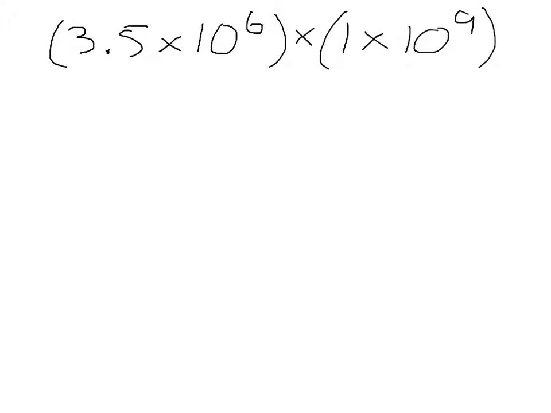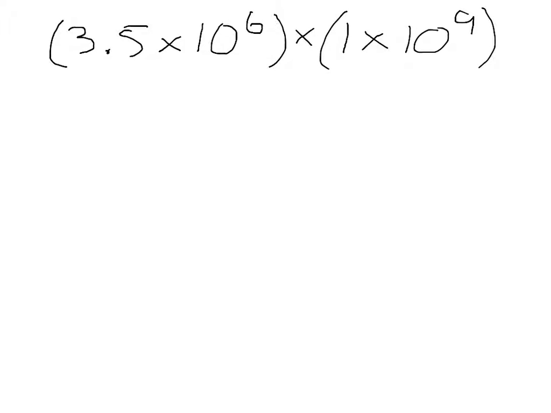This is a simple problem: what if there are 3.5 times 10 to the 6 ants per acre in the Amazon rainforest, and the Amazon rainforest covers approximately 1 billion acres? Find the total number of ants.